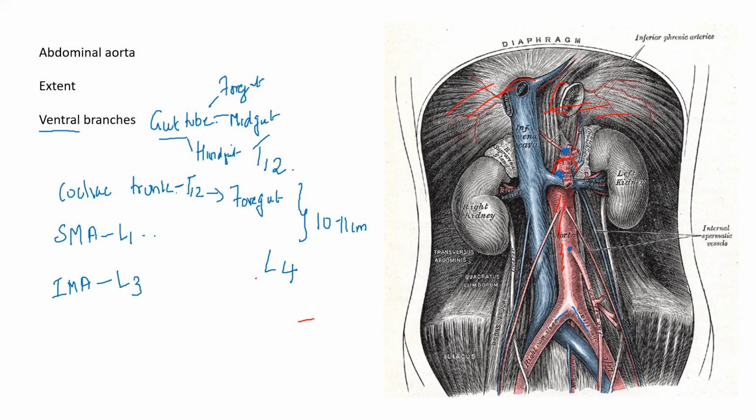The superior mesenteric artery will supply that part of the gut tube that is going to be derived from the midgut. The inferior mesenteric artery will supply the structures from the gut tube that's going to form the hindgut. Derivatives of hindgut by inferior mesenteric artery, derivatives of the midgut by superior mesenteric artery, derivatives of foregut by celiac trunk. Okay.